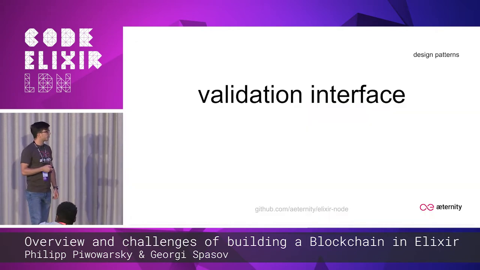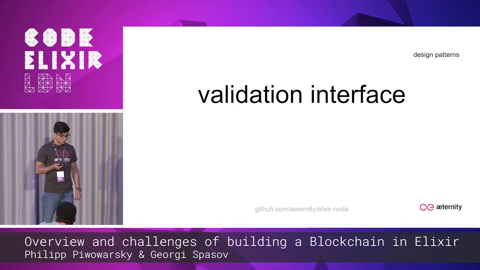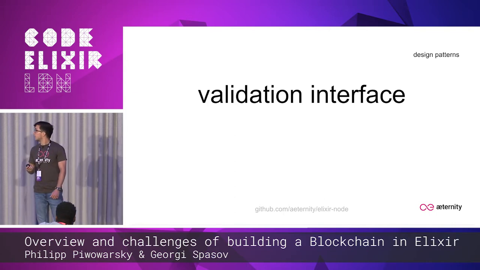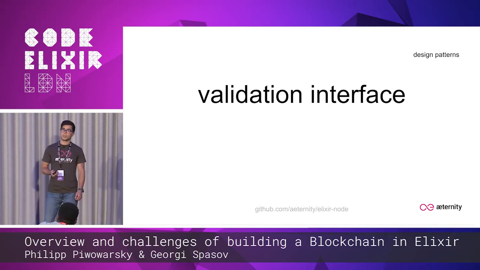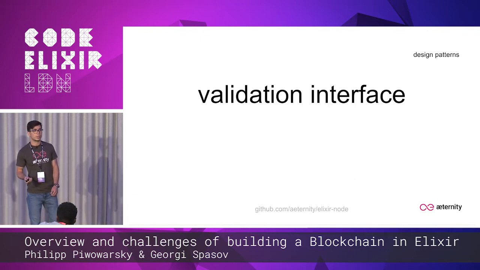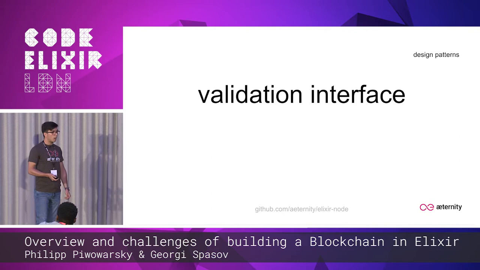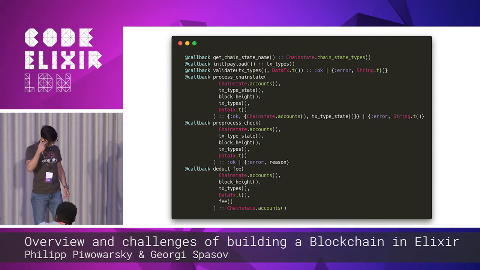Then something we use is a validation interface. Having in mind we have a lot of transactions that we have to implement, most of the transactions have a similar behavior. And you know it, we have behaviors in Elixir.